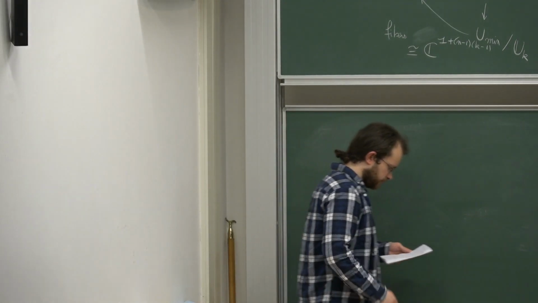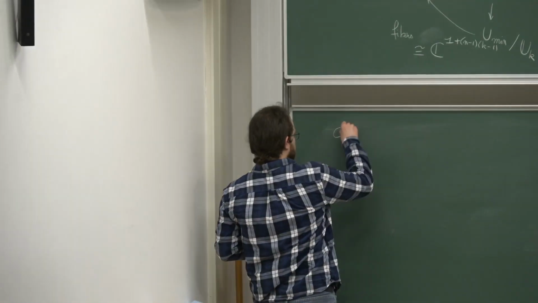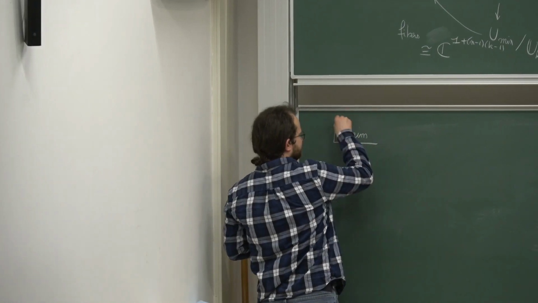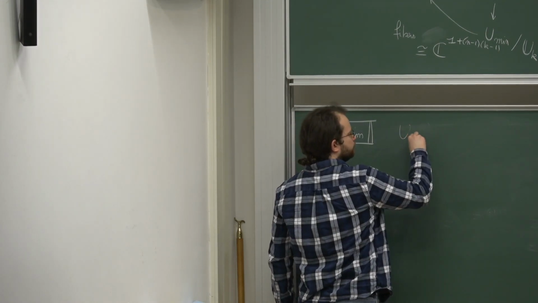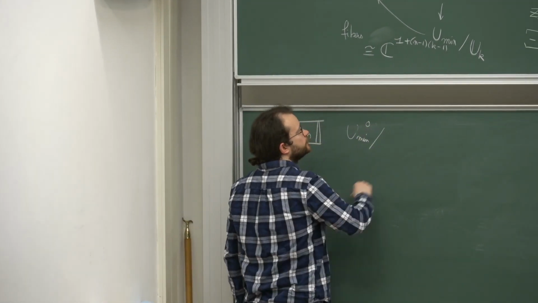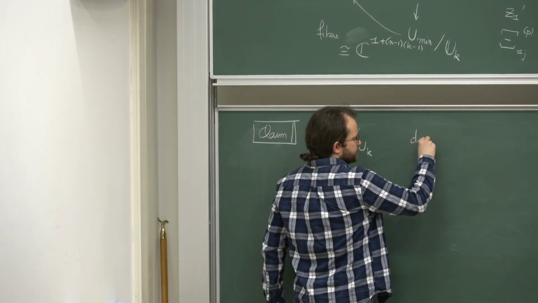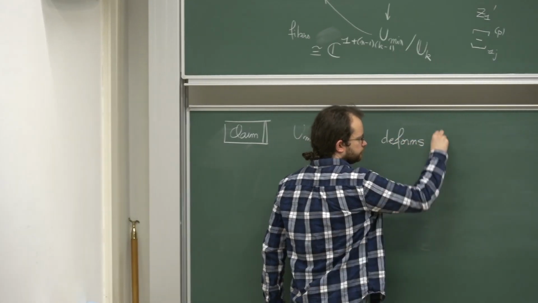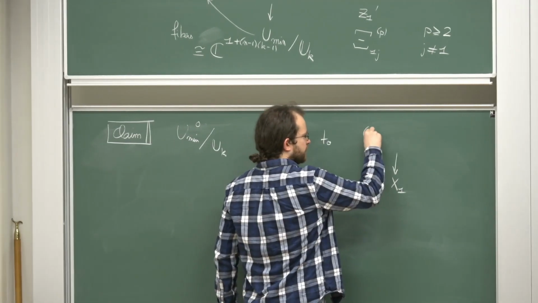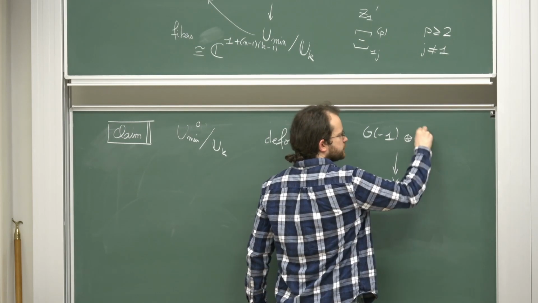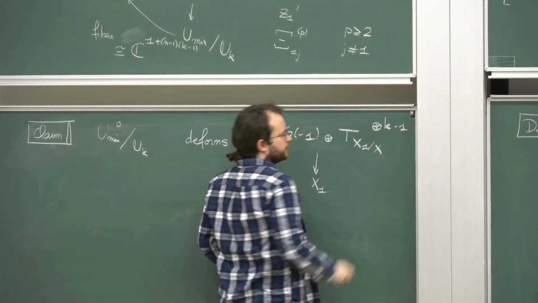Okay, and so now I claim that if you take this quotient with the U min naught, there is another deformation to the total space, this time of O minus 1 plus the relative tangent bundle K minus 1 times.